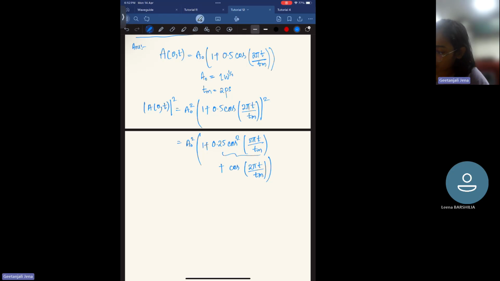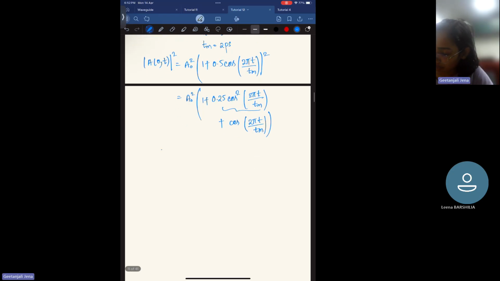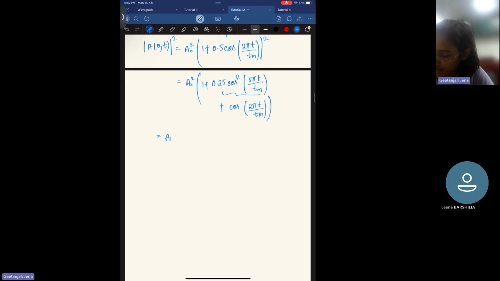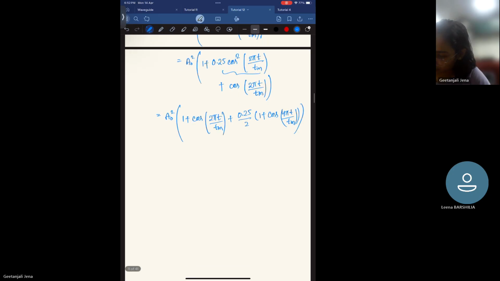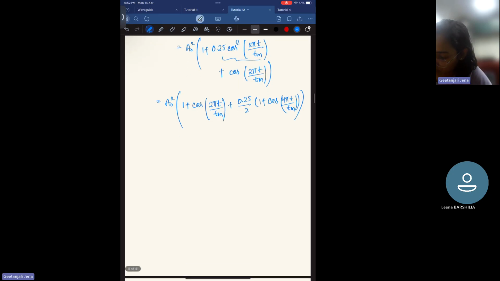We can further simplify this cos squared function. It gives A0 squared times (1 plus cos 2 pi t by Tm), and cos squared will be (1 plus cos 2 theta), cos 4 pi t by Tm.